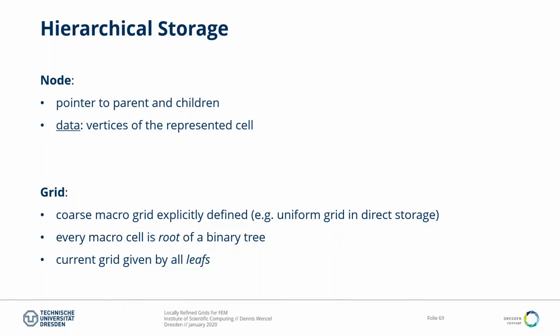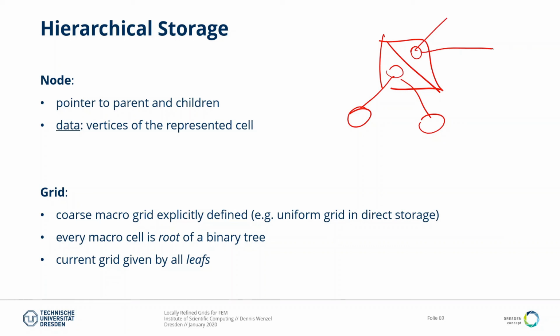When I'm talking about macro grids, you can always imagine this grid that simply contains those two cells, and those two cells are written explicitly in direct form by saying, okay, I have those points and I have those cells. And now every macro cell is the root of a new binary tree. So from every macro cell, I'm starting a binary tree when I'm doing a refinement.